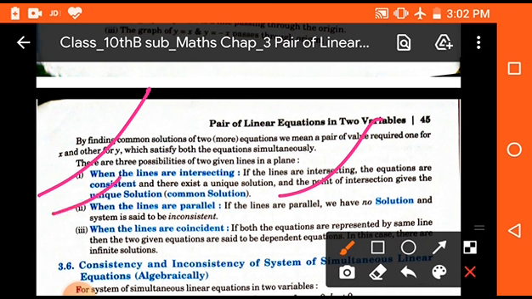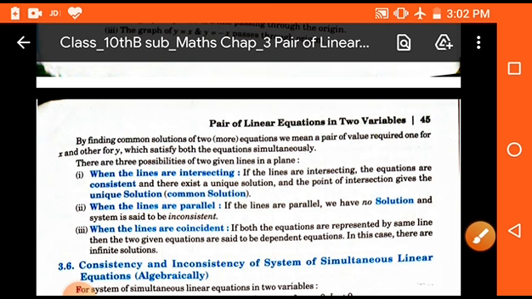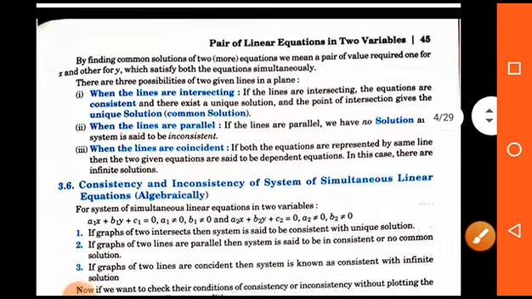Now, when the lines are parallel, we have no solution, and the system is said to be inconsistent. When the lines are coincident, if both the equations are represented by the same line, then the two given equations are said to be dependent equations. Clear?